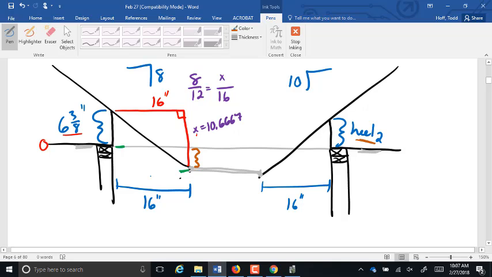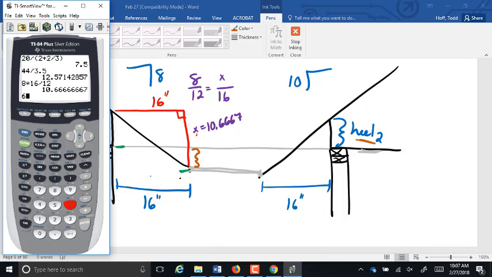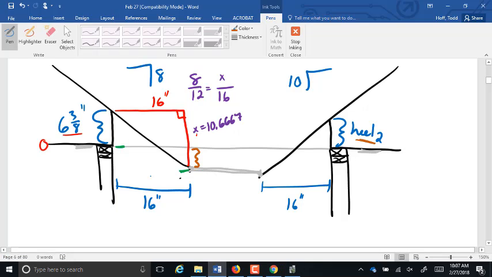Well, we went up 6 3/8. We have to subtract that 10 2/3. So we're now at negative 4.2917 inches. So from that wall height down to there is 4.2917 inches. Does that make sense? So over here, this has to be 4.2917 inches below that wall height.